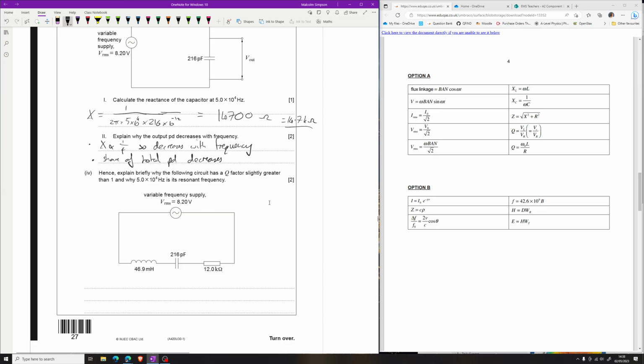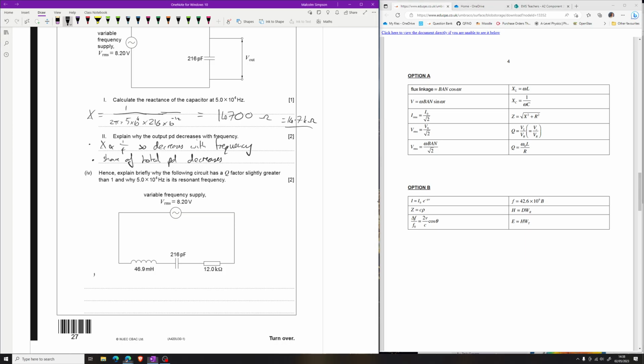Explain briefly why the following circuit has a Q factor slightly greater than 1, and why 5 times 10 to the 4 hertz is the resonant frequency. So 2 parts to this question for 2 marks. The Q factor is slightly greater than 1. The Q factor is given by the PD across the inductor over the PD across the resistor or across the capacitor.